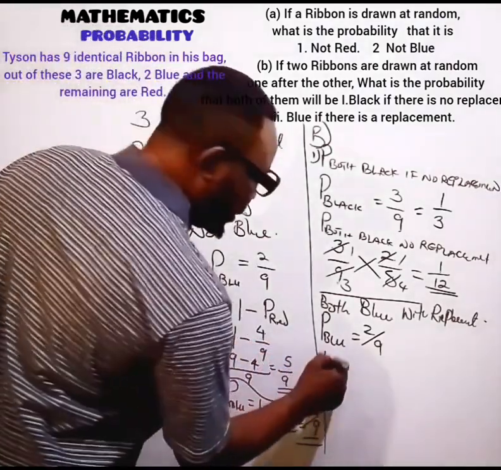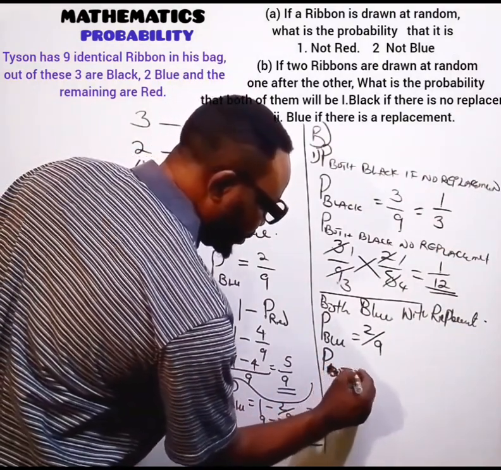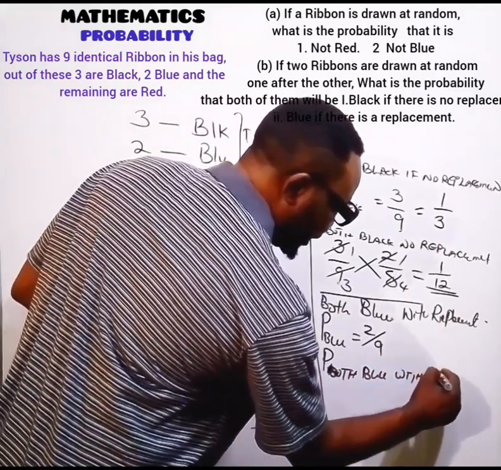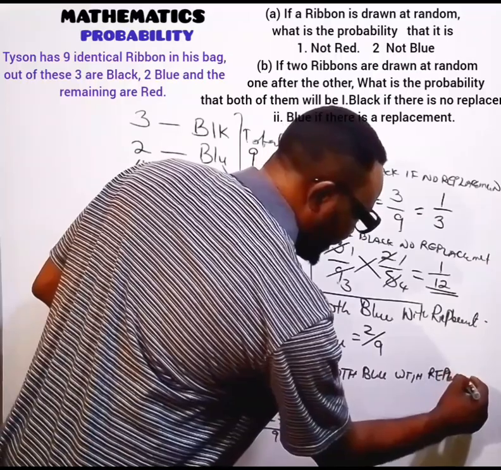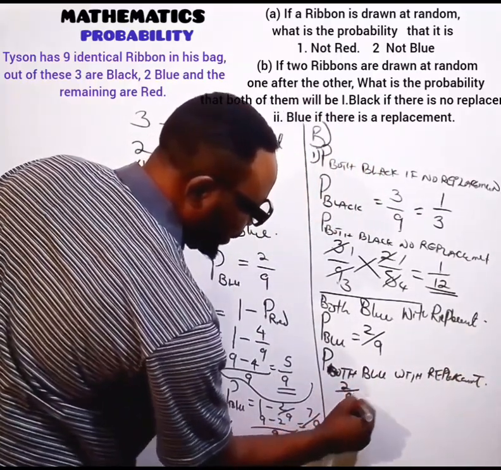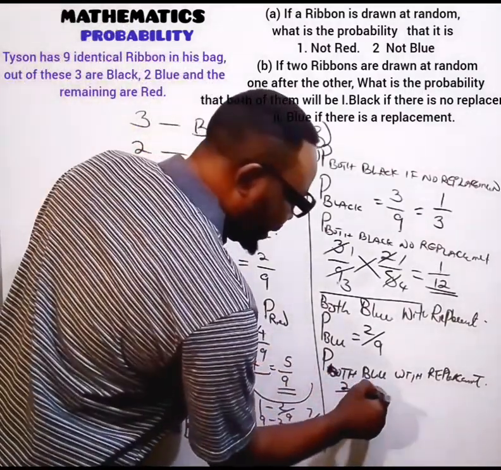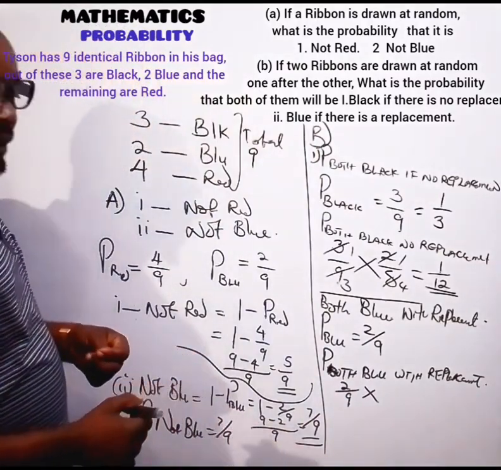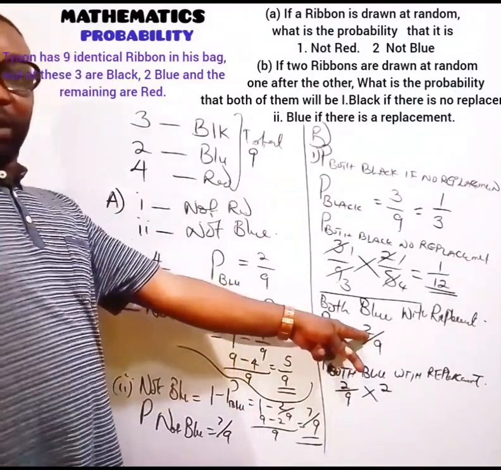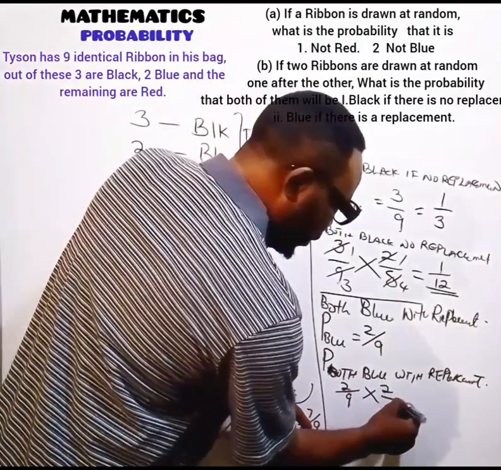Now, the probability of both blue with replacement will be equal to 2 over 9, first is blue, and the second is blue, multiplied by, since there's a replacement, the blue number will still remain 2, because it has been returned back into the bag, over 9.